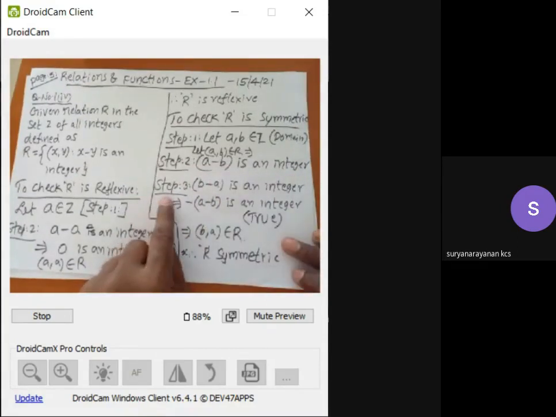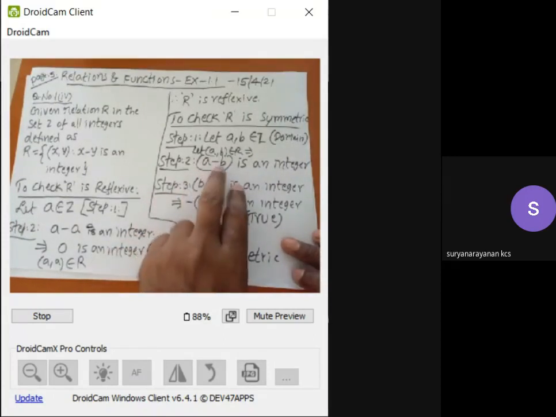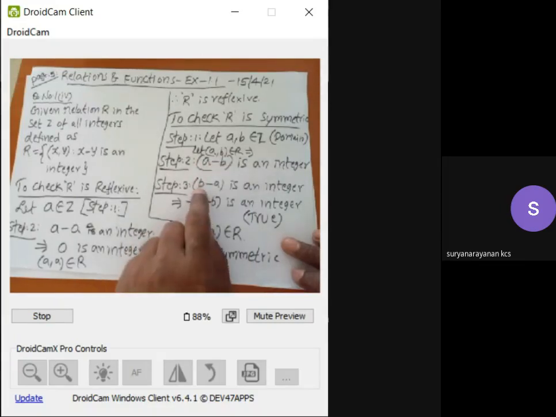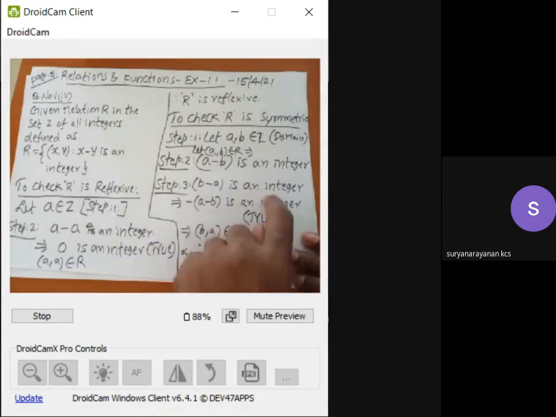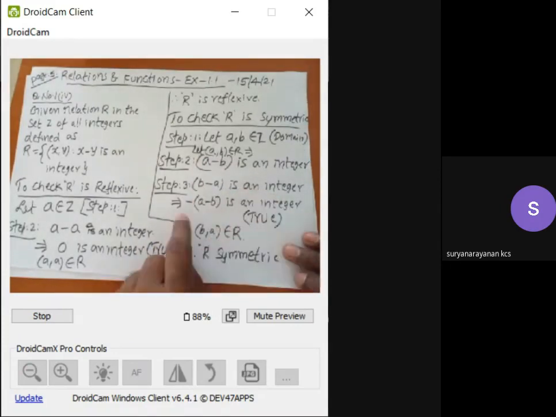Next, step 3. In step 3, we write these two numbers in reverse order. Here a minus b is there. We write it in reverse order, so b minus a is an integer. We got this statement. After that, we take minus 1 common from these two numbers.